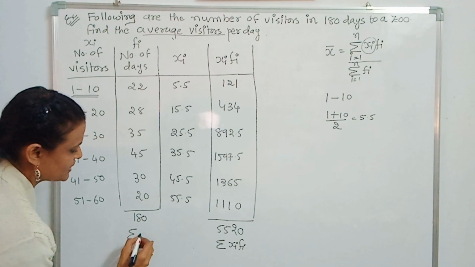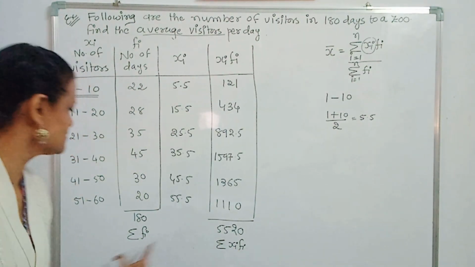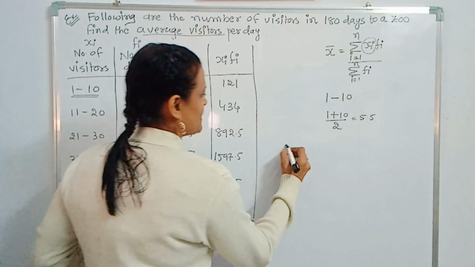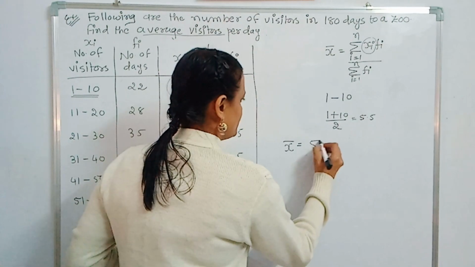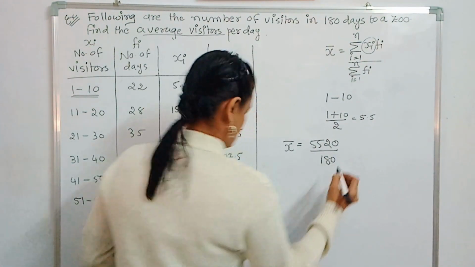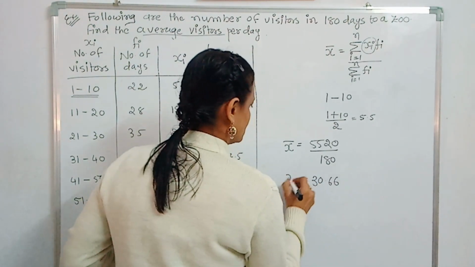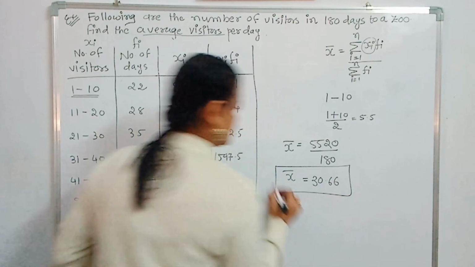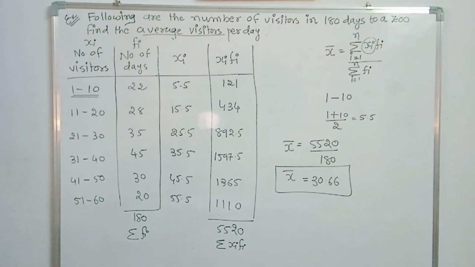It is nothing but summation fi. So let us substitute these values in this equation. So x bar is equal to 5520 divided by 180. So we will get 30.66. So this is the average number of visitors per day.